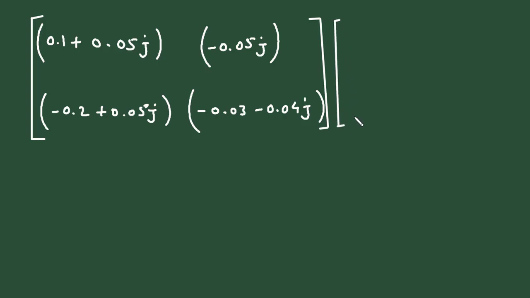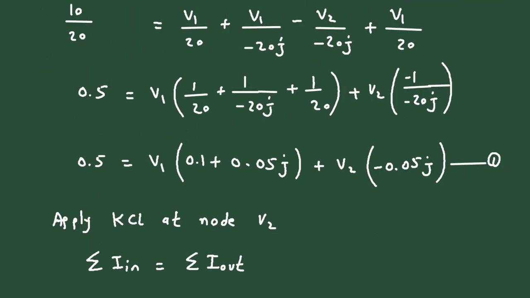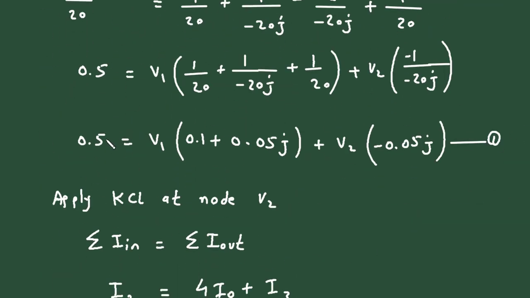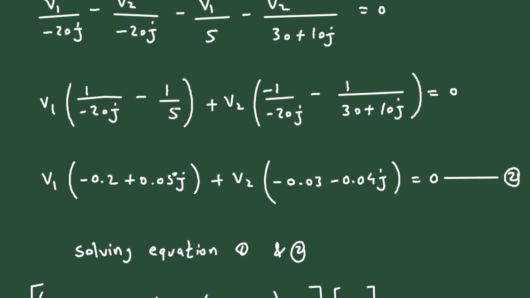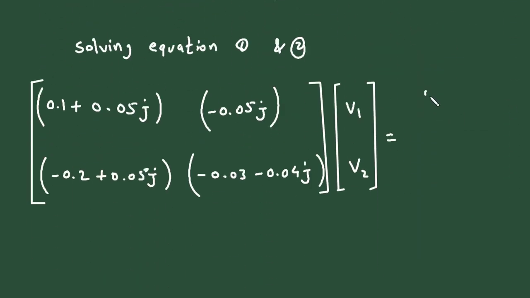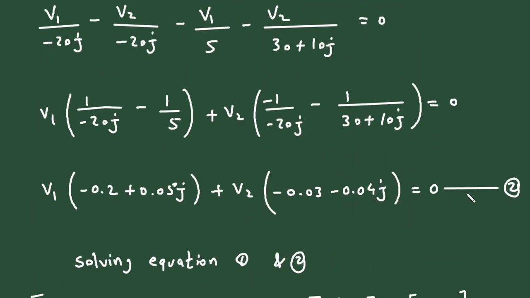Here this will be V1 and V2 is equal to, from equation 1 is equal to 0.5, and here is equal to 0.